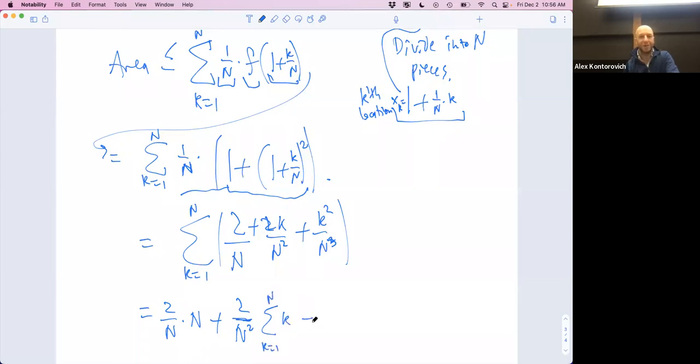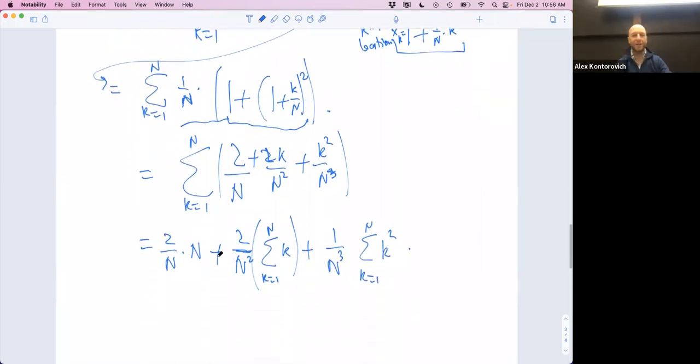You see why these formulas are going to come very much in handy in a second. And then I have this other constant, n cubed. So the sum stops here. And then I have to sum as k goes from 1 to n, k squared. If only we had identities for the sum of k and the sum of k squared. Let me just simplify this a little bit. 2n over n is 2.